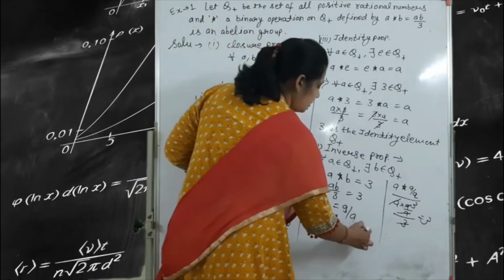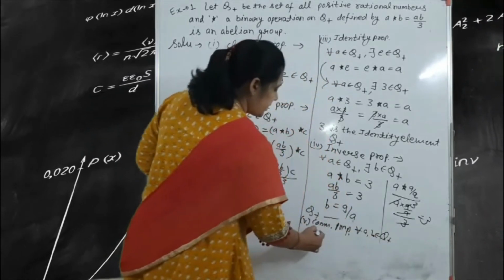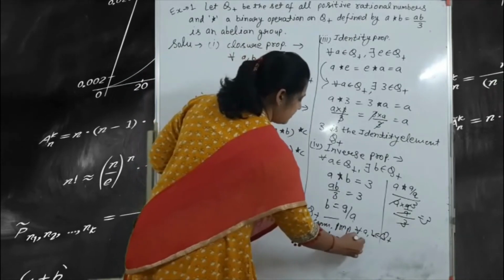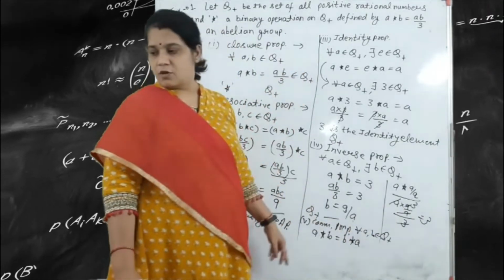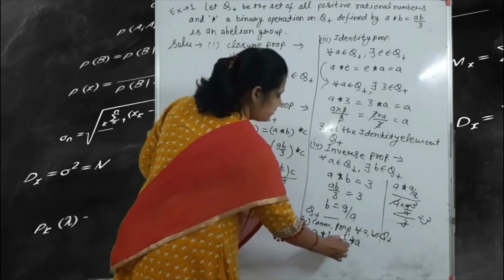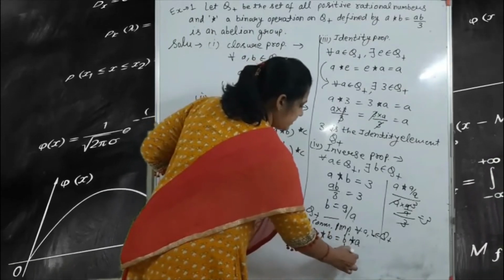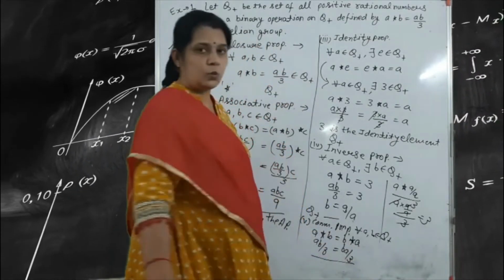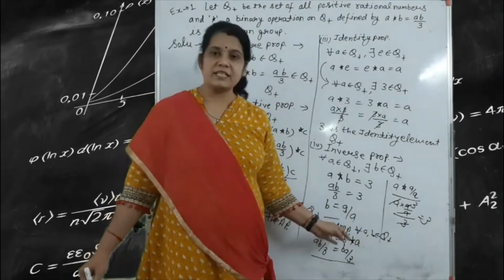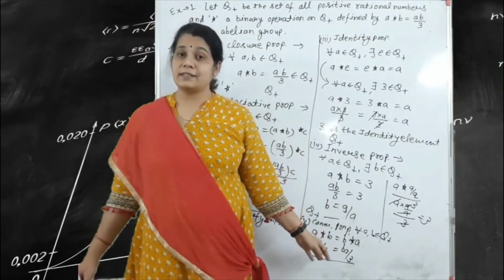For all A, B belongs to Q plus, A star B is equal to B star A. That means AB by 3 according to our definition, or BA by 3. Both are equal, so we can say that this satisfies the commutative property.